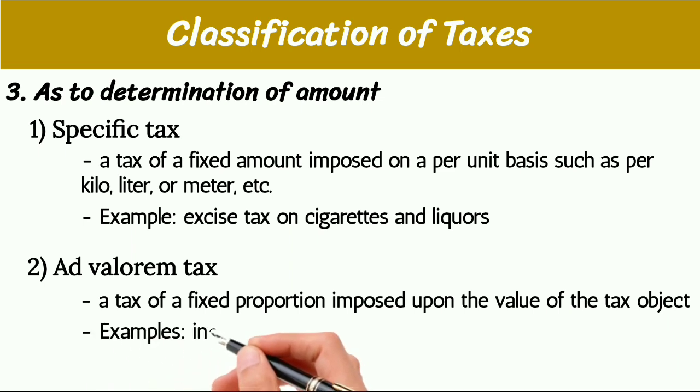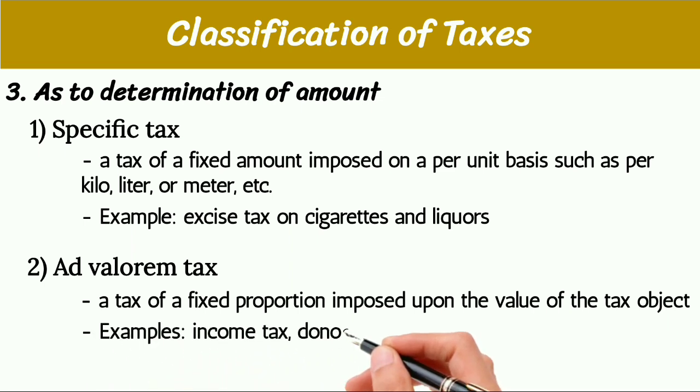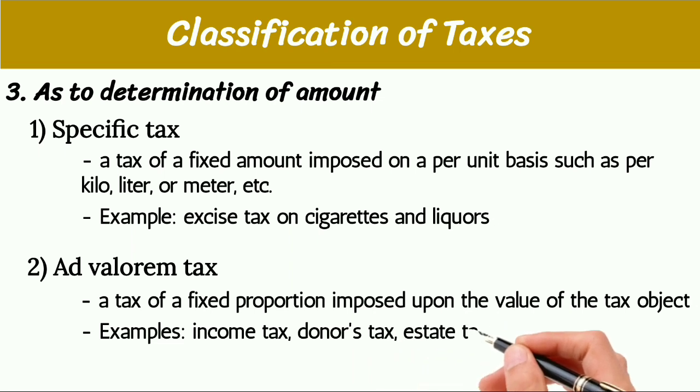Ang examples ng ad valorem tax ay income tax, donor's tax, estate tax, and VAT or value added tax. Ang income tax ay ad valorem tax kasi nakadepende yung income tax sa kung ilan ang kinita or kung ilan yung income.